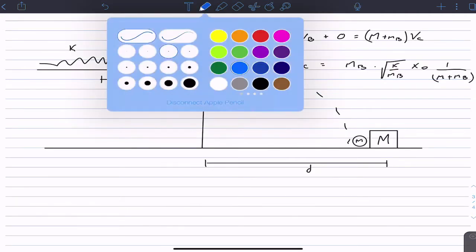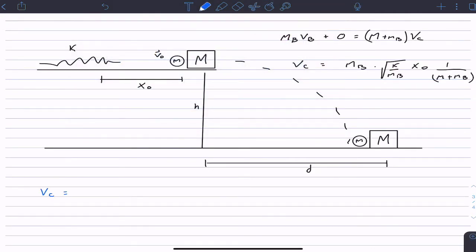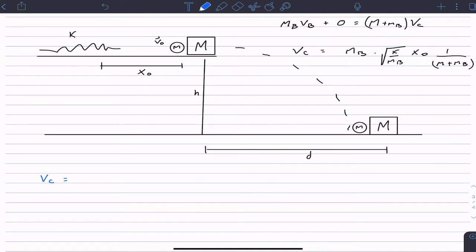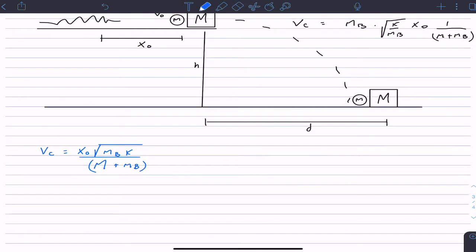Let's just rewrite that down here so we can find that later as well. So now this over this is going to give you the square root of the mass of the ball times k times x naught, all over the mass of the block times the mass of the ball.